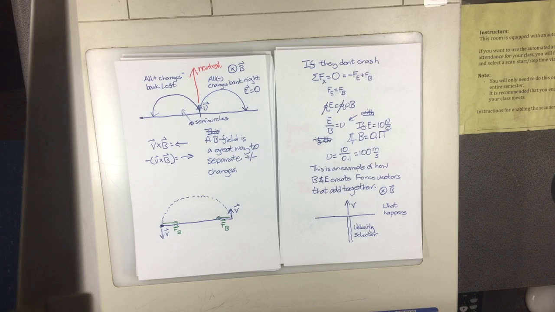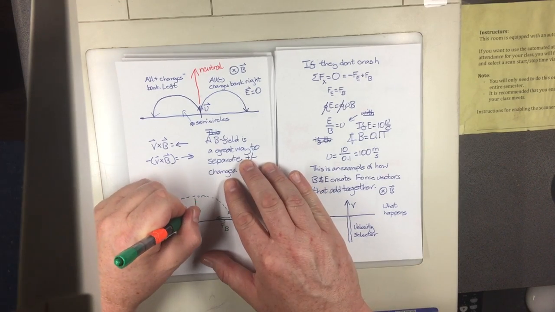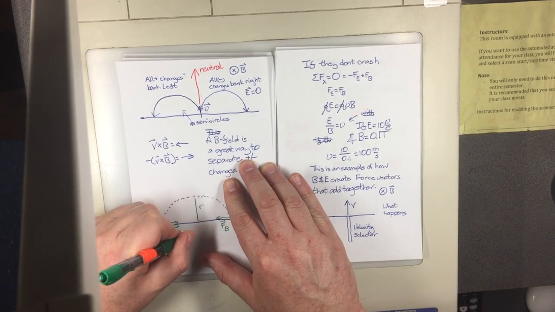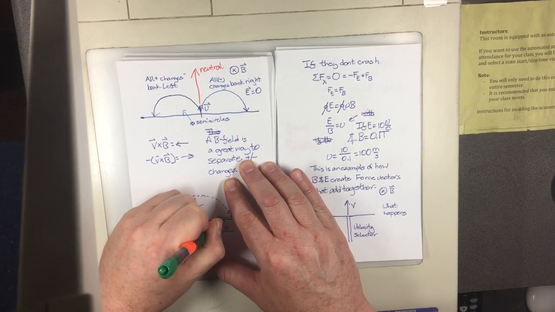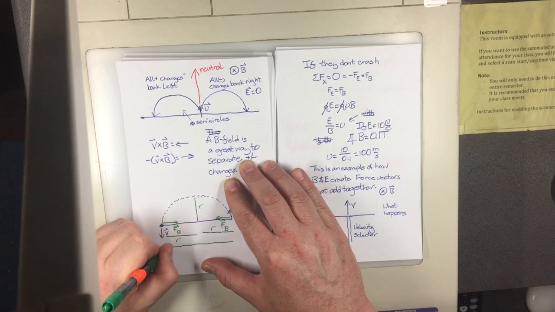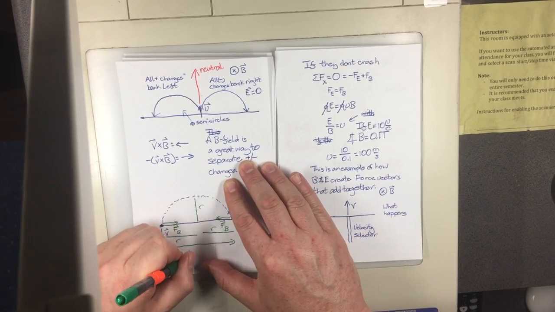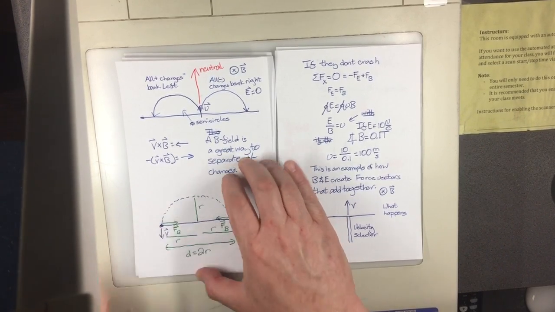And so the magnetic force is related to circular motion, and how radial acceleration, or v squared over r, will help you figure this out. If this is a circle, that is r, that is r, that is r, and the total distance d is 2r.